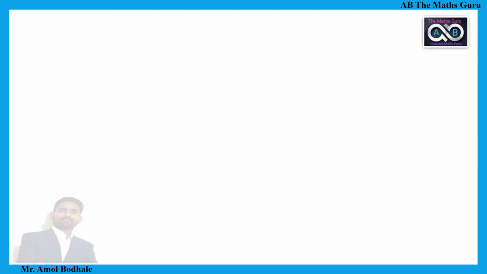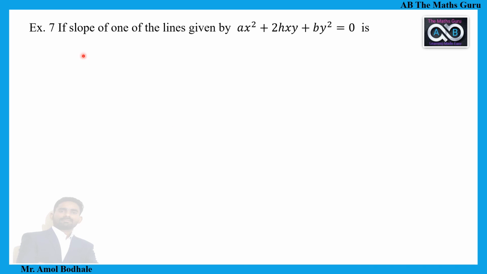Let's see the second example. If the slope of one of the lines given by ax square plus 2hxy plus by square equal to 0 is 4 times the other, then show that 16h square equals 25ab.